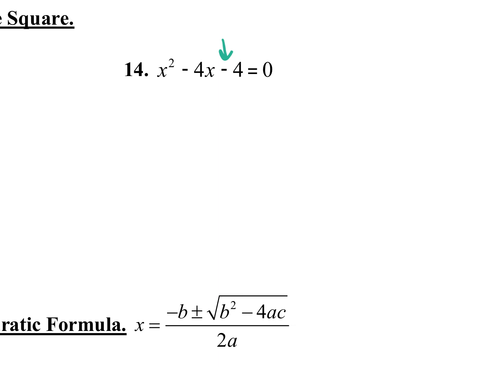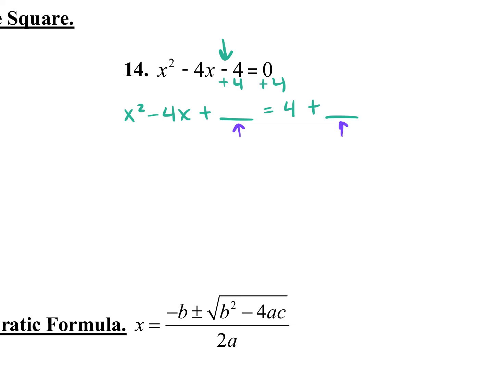So instead, what we're going to do is we're still going to move that 4 over. So it'll be x squared minus 4x plus something equals 4 plus something. What is going to go in that spot? 4, right? Which feels weird because we just got a 4 out of there, but it was a negative 4.